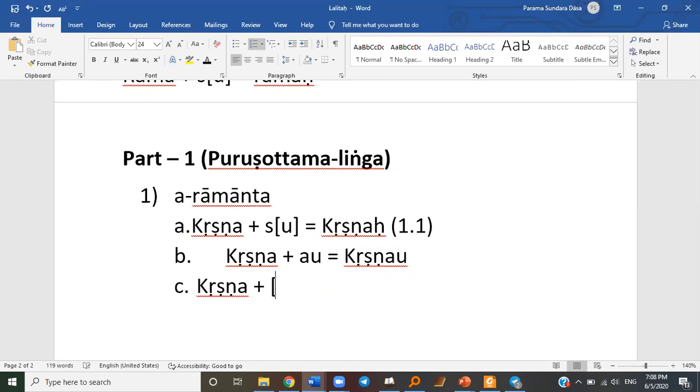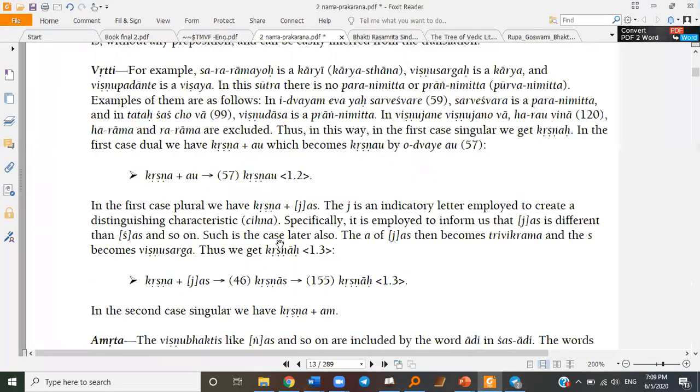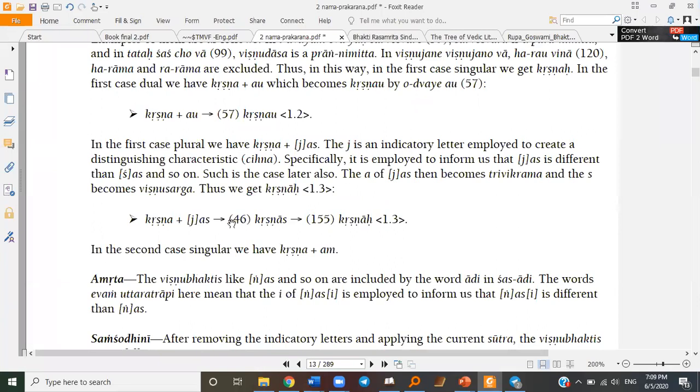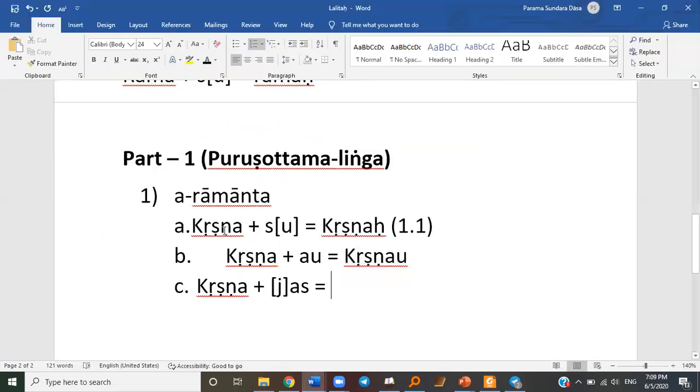Then Krishna just, so Ja is not included. So we'll apply Sandhi. Which Sandhi? Krishna's एकात्मके त्रिविक्रम.